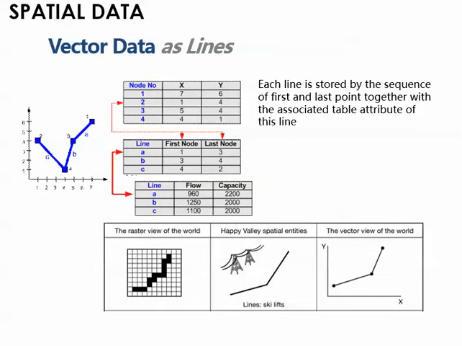So for instance, if this diagram on the left here is a line that represents power lines, then the attribute for each segment, so as you see, there is A to B, that's segment A, and then there's this node to this node, that's segment B, and this node or point to this point, that's segment C. So there is associated information in an attribute table about each one of those segments. So that could be capacity, flow, whatever information may be attached to that type of data.